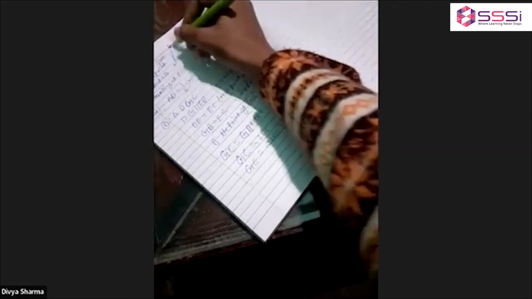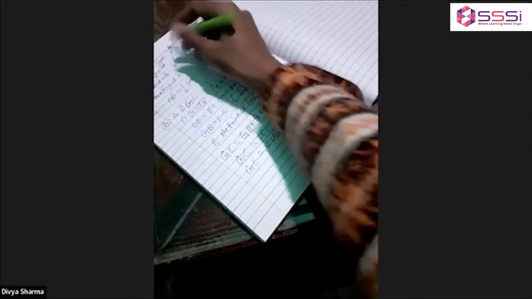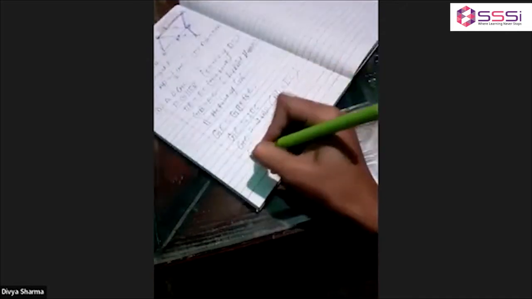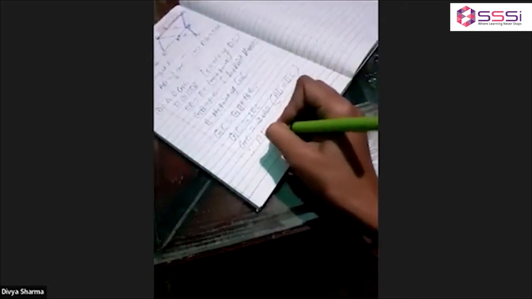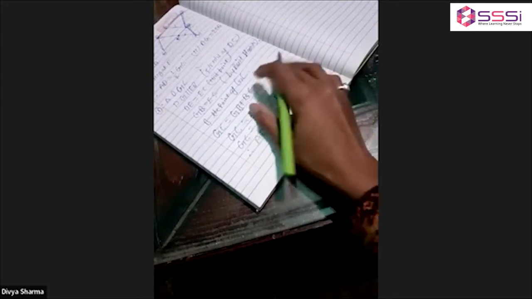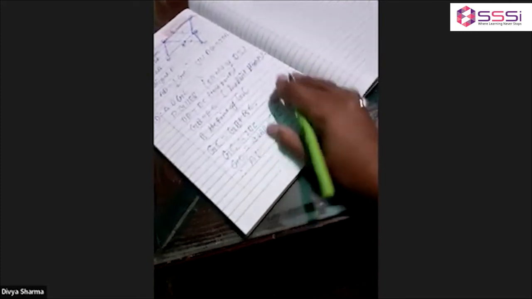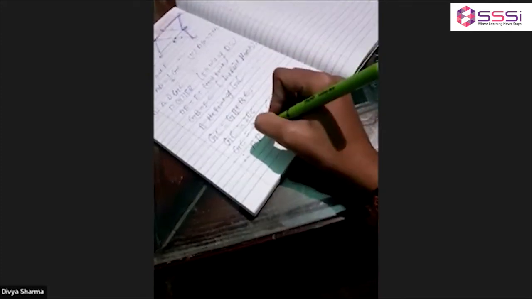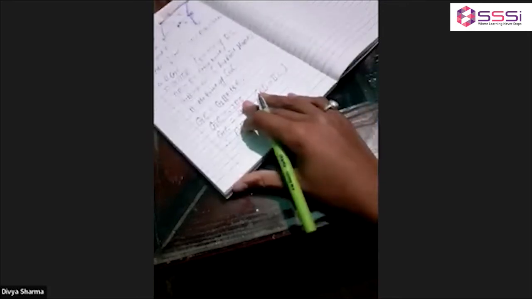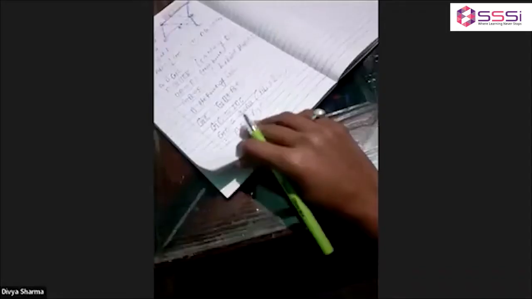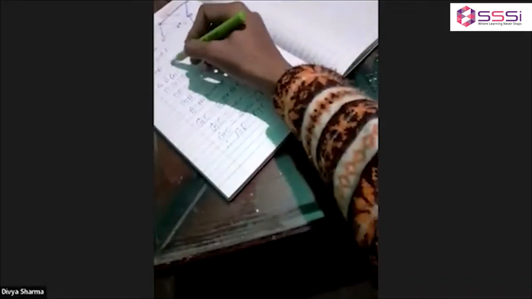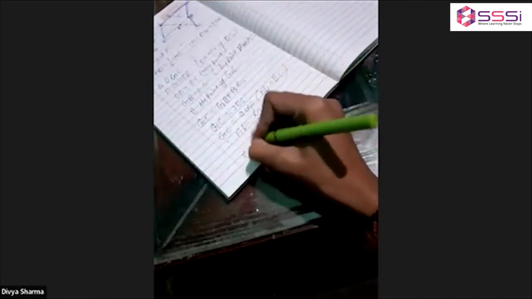That will be equal to GC, so AD will be equal to 1/2 GC. How can we say this? By using the midpoint theorem. Okay, now that will be half of GC. We have proved it by using the midpoint theorem.